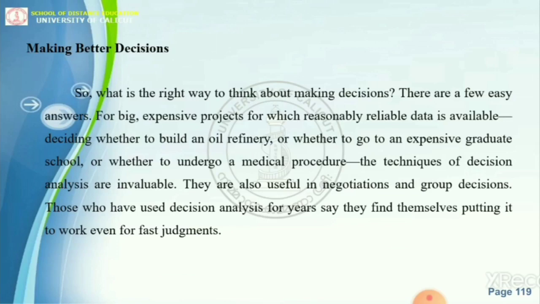For big expensive projects for which reasonably reliable data is available, such as deciding whether to build an oil refinery, whether to go to an expensive graduate school, or whether to undergo a medical procedure, the techniques of decision analysis are invaluable. They are also useful in negotiations and group decisions. Those who have used decision analysis for years say they find themselves putting it to work even for fast judgments.